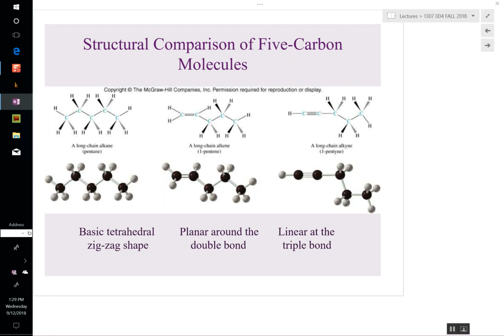I'm going to mention the ynes, pentyne. We've got a triple bond here. And there's 5 carbons, 1, 2, 3, 4, 5 carbons. So it is a pent, and there's a triple bond, yne. Okay, now the other feature in here, it's real small there, but I'll write it bigger. We're going to start counting the carbons where the double bond begins.